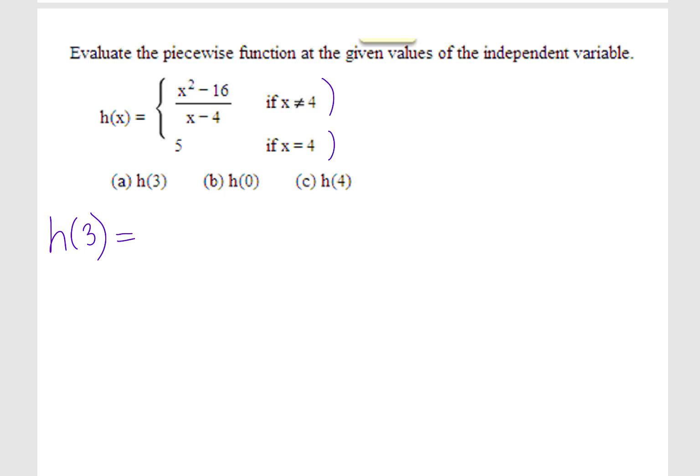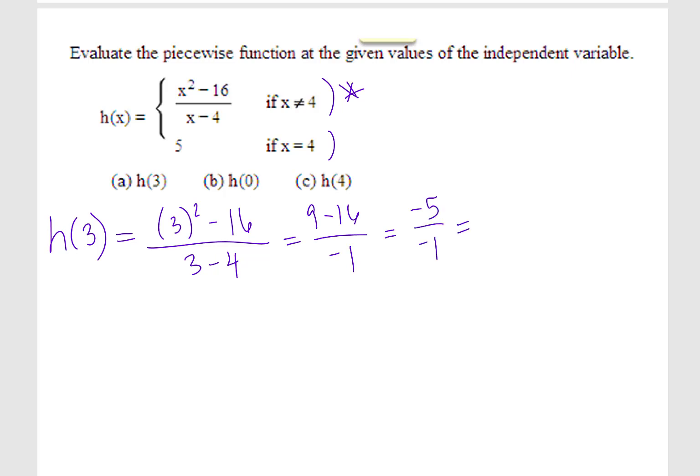It matches this first one, right? 3 is not equivalent to 4, so I'm going to plug it into the top function. So h of 3 equals 5.